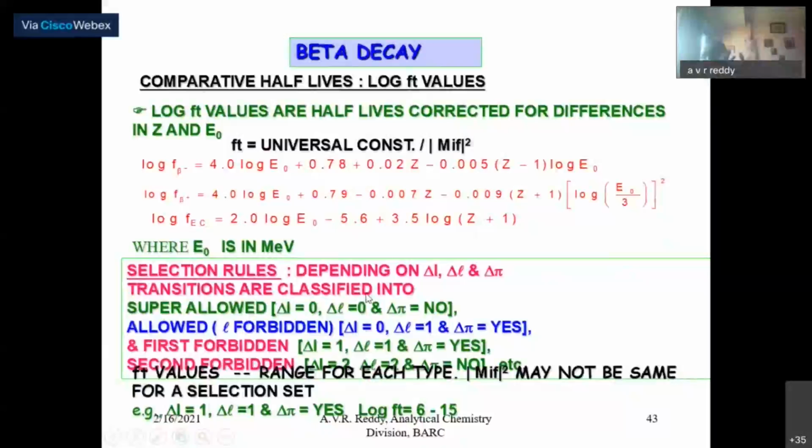Now we will not go into the details, but I will tell the gist. From this theory, a relation for half-life in the form of comparative half-life was made, which I will explain. That is frequency factor into T. From that, we can compute what the F value could be, and from that we can arrive at their decay probabilities.